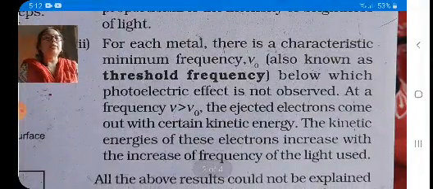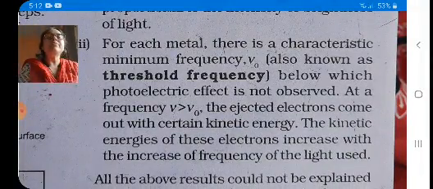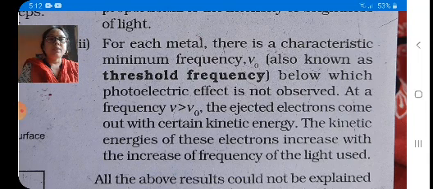For each metal there is a characteristic minimum frequency, denoted V0, and it can also be called threshold frequency.